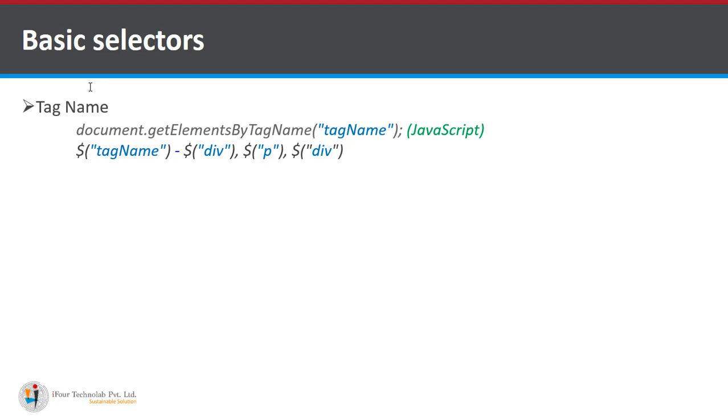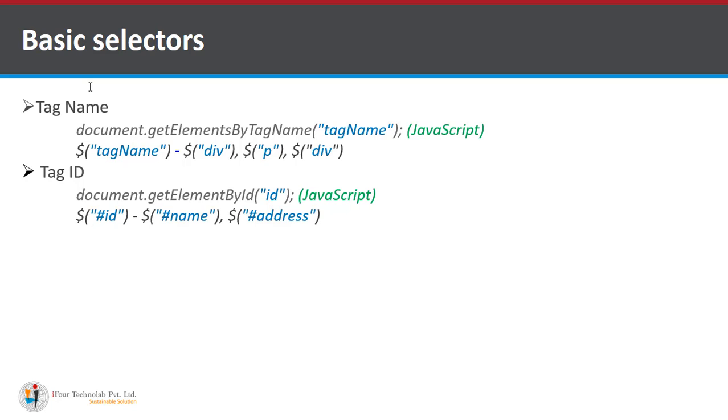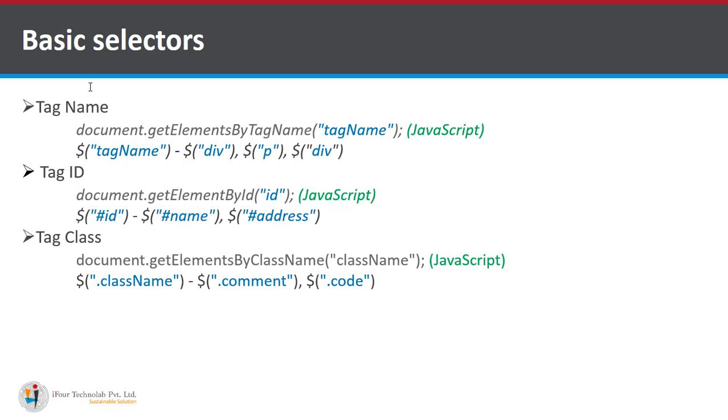Now these are basic selectors for finding HTML elements. Tag name is used to find elements by tag name. Another is tag ID, used to find an element by ID. Tag class is used for finding an element by CSS class. In JavaScript you can use getElementsByTagName, and in jQuery you can use $ with the class name.